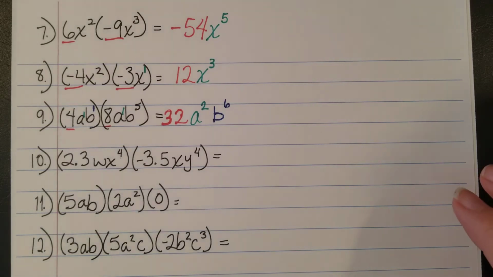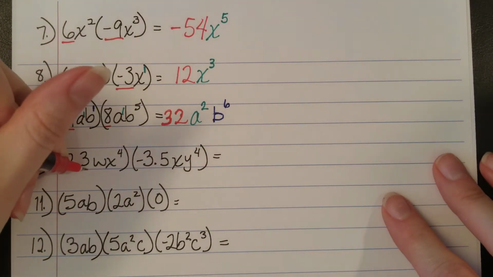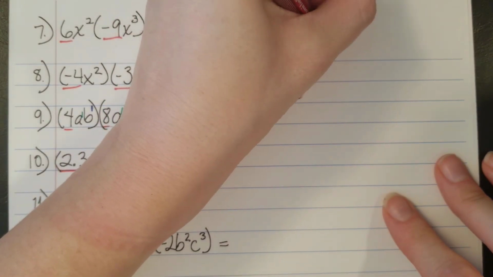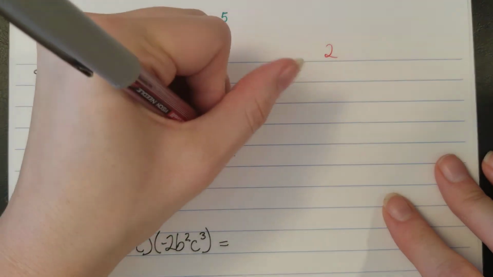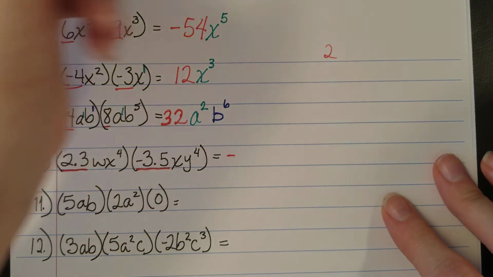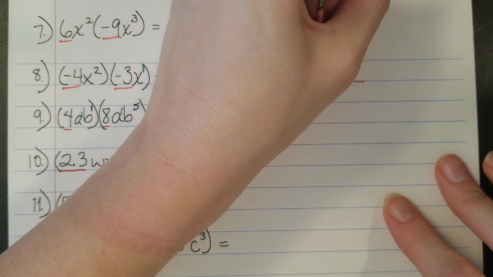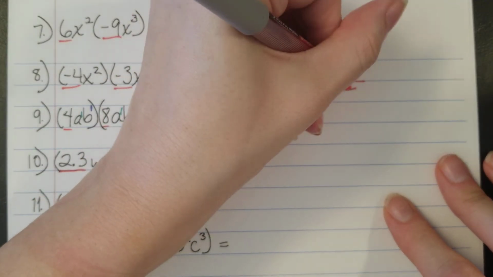Number 10. So in this case, we've got to multiply 2.3 times negative 3.5. All right, so a little bit of a review on what we did with multiplying of decimals in the previous chapter, or I guess a few chapters ago. All right, so I know it's a positive times a negative, so I know my answer is going to be negative. 2.3 times 3.5. 5 times 3 is 15.